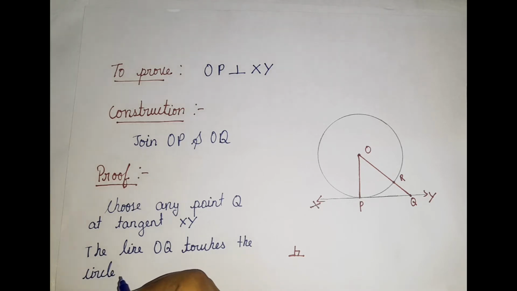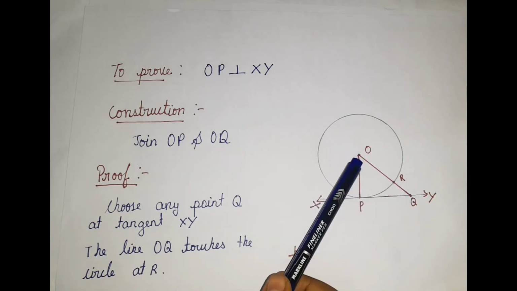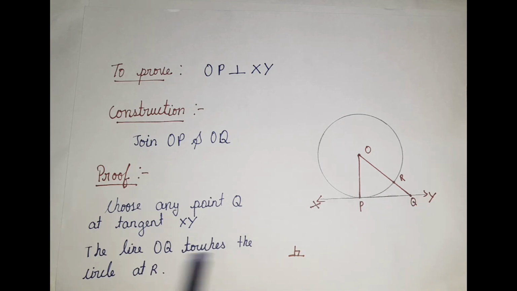What does it mean? There is a line OQ. In this circle we have OQ here. It is touching the circle at R.